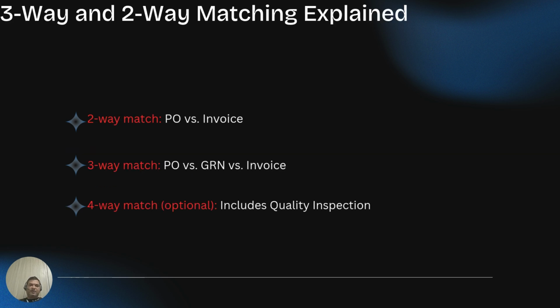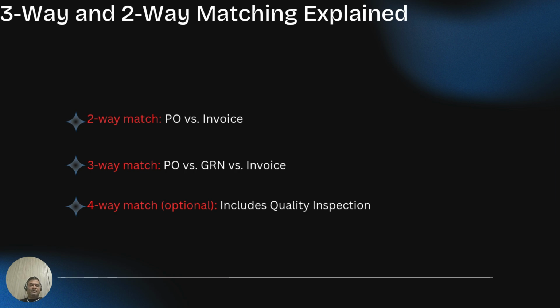Now let's understand what is a three-way and a two-way matching process. Two-way process is primarily for the services. For example, you have an electricity service that you are using, you have a water service, which mostly do not go through a PO process.